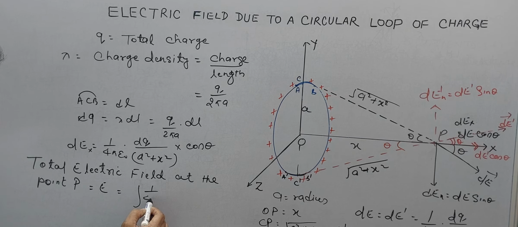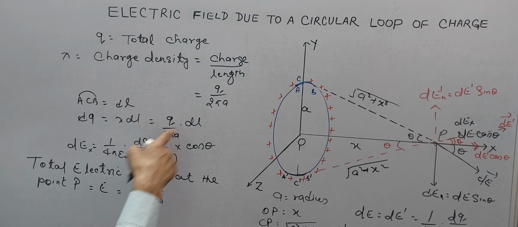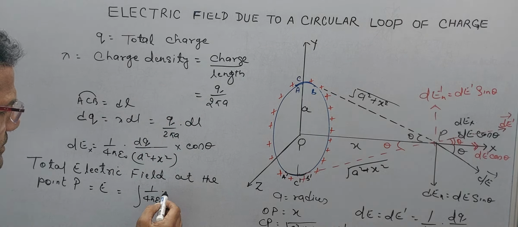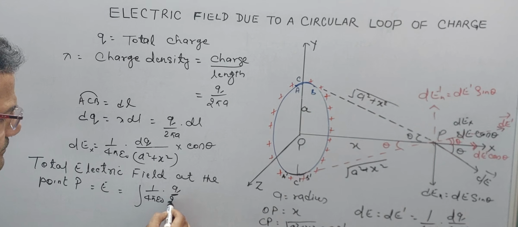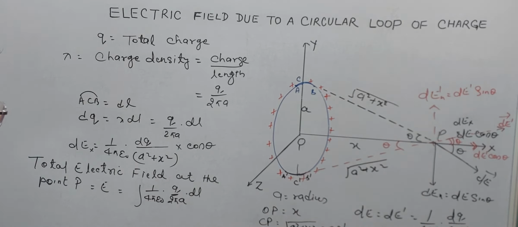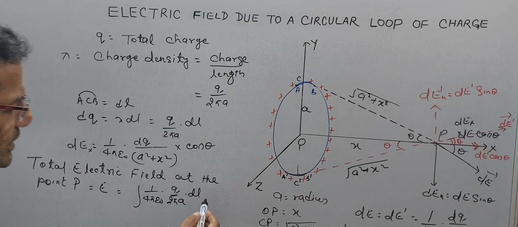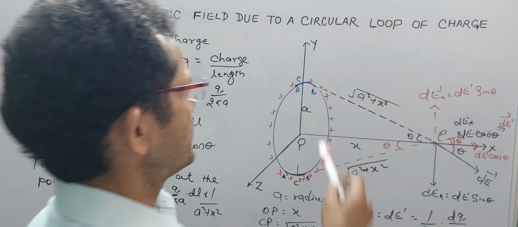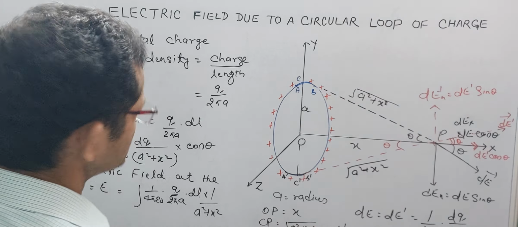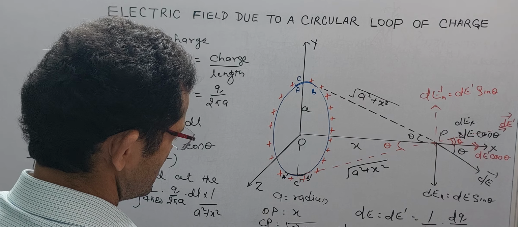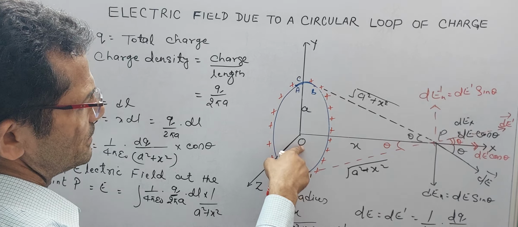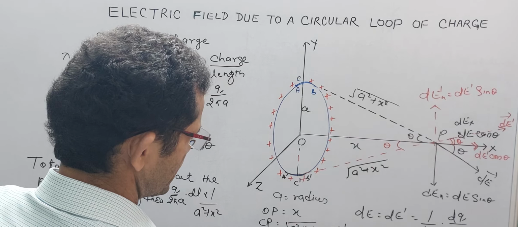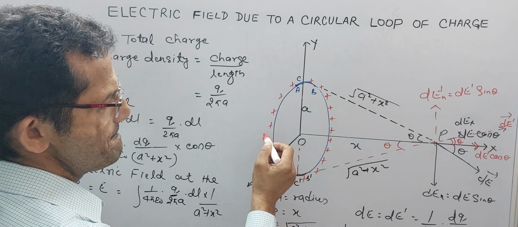So this value will be 1/4 pi epsilon naught, and the charge dq, put the value of charge dq, which is q times 2 pi a into d lambda, divided by a square plus x square, and you have to find the value of cos theta from this triangle. From the triangle COP, cos theta will be OP divided by CP.